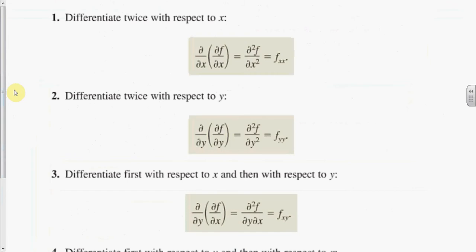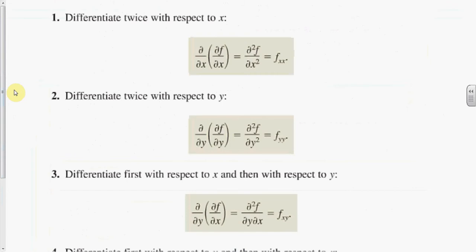For number two, what's in parentheses first is what I do. I take the partial of f with respect to y, and then on that result, I take the partial of that with respect to y. Number three, because this is in parentheses, we take the partial of f with respect to x, and then on that result, take the partial with respect to y. Okay? So that's what this notation means.